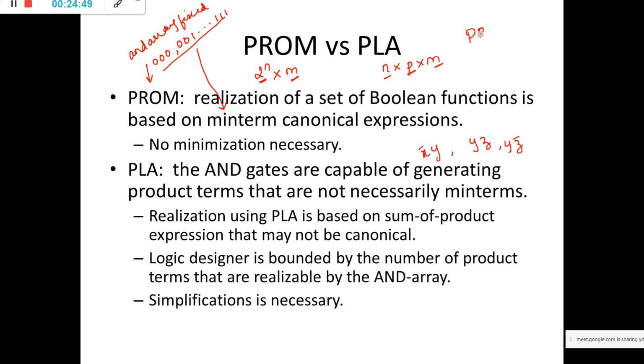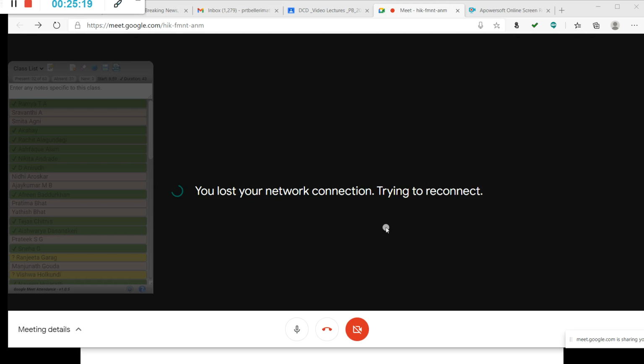But PROM generates only canonical terms, only minterms, whereas PLA can generate whichever product terms we require, not necessarily minterms only. Realization using PLA is based on sum of product expression that may not be canonical.